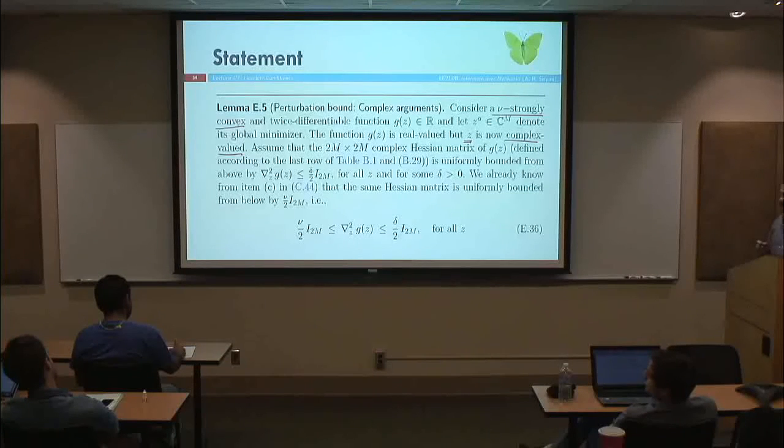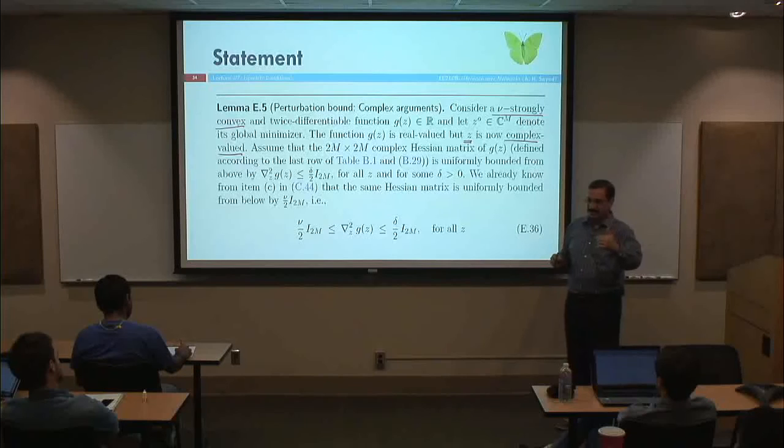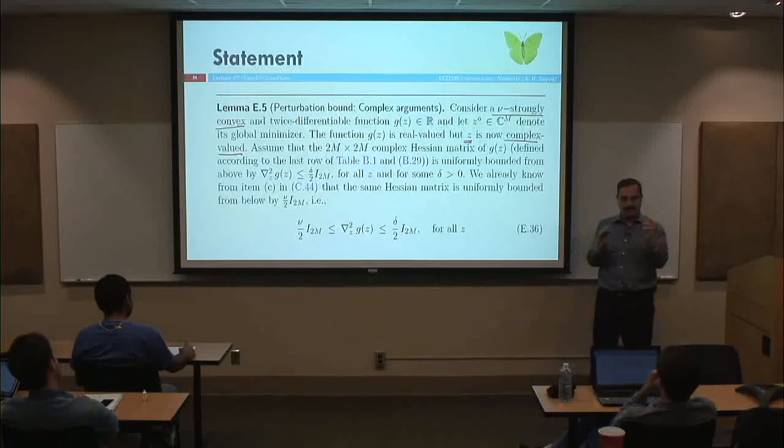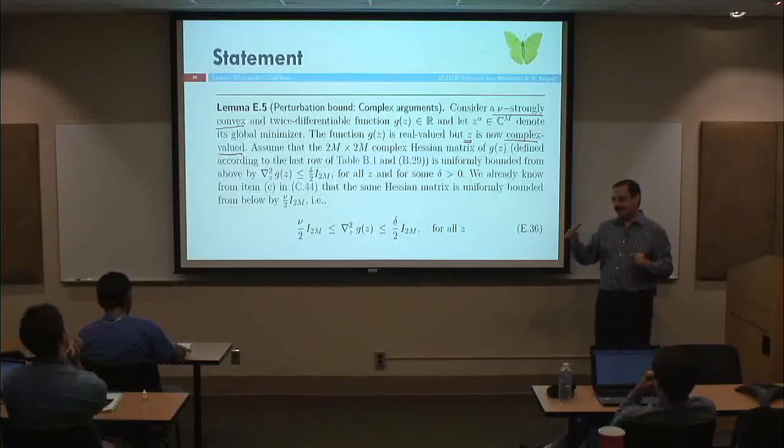Now, if the function is strongly convex when the argument is complex, remember this means that the Hessian matrix is bounded from below by nu over 2, not nu. Remember I mentioned that this 2 will live with us, and this is a difference between real arguments and complex arguments. I'm going to go around it by introducing a type variable that I'm going to call h.